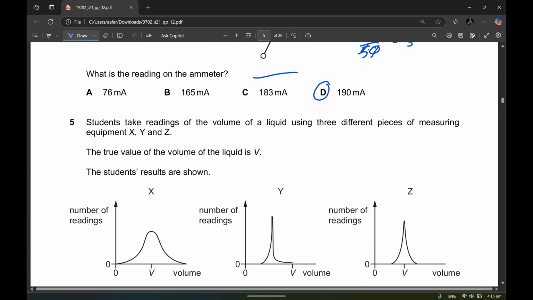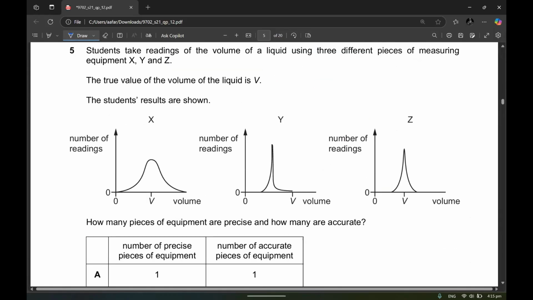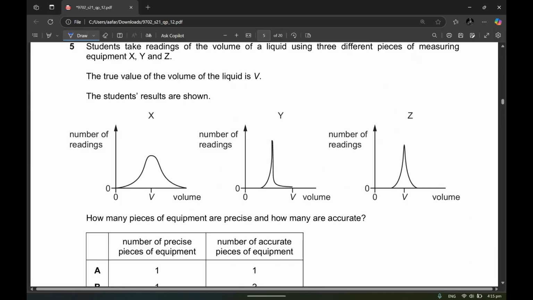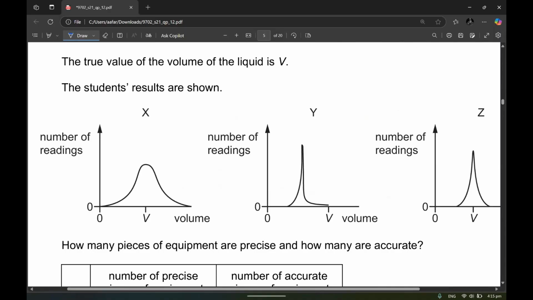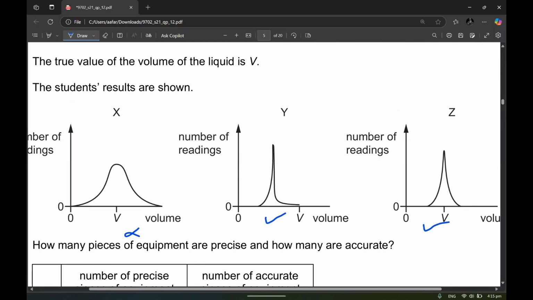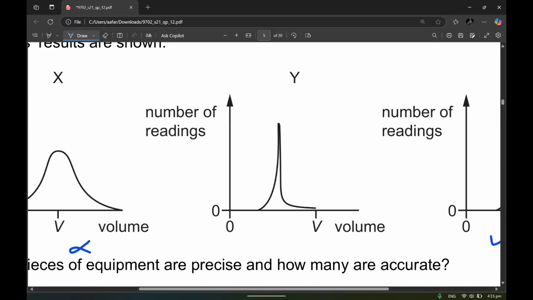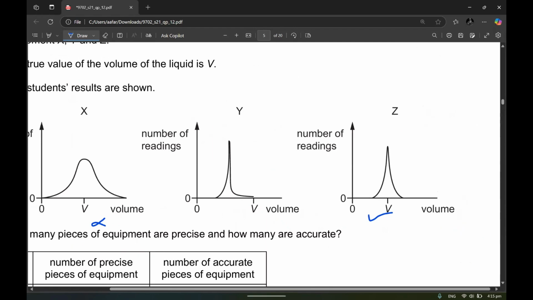Students take readings of the volume of a liquid using three different pieces of measuring equipment X, Y, and Z. The true value of the volume of the liquid is V. The students' results are shown. How many pieces of equipment are precise and how many are accurate? Okay, so this is precise, and this is also comparatively precise. Wait, it's not. This is precise, but this one seems sus.